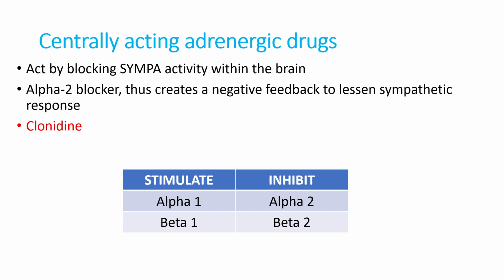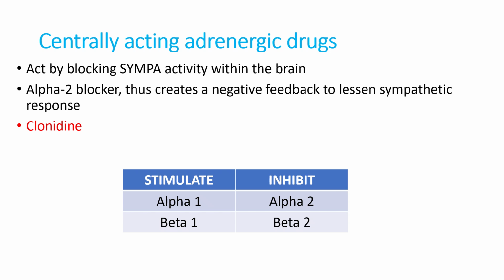The most popular centrally acting adrenergic drug is your clonidine, under the brand name Catapres. Clonidine is indicated for hypertension, especially in resistant cases or in specific populations. Sometimes, clonidine is used for symptom management in opioid withdrawal and other conditions.